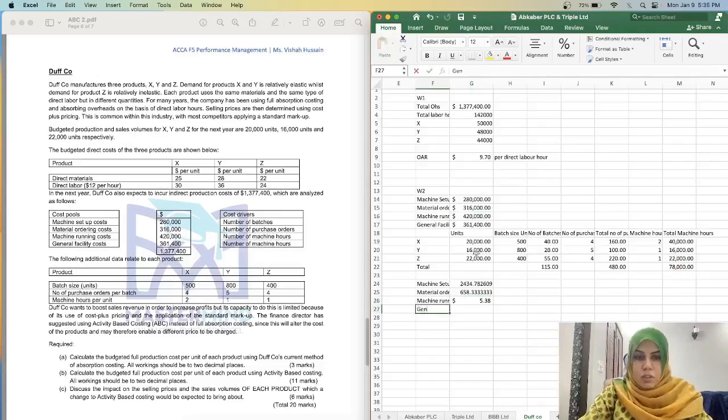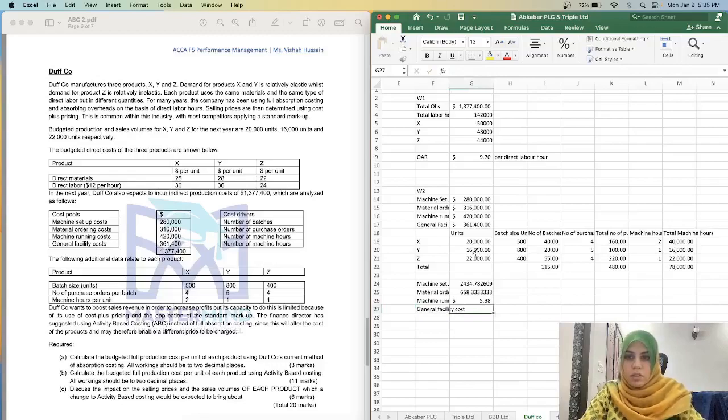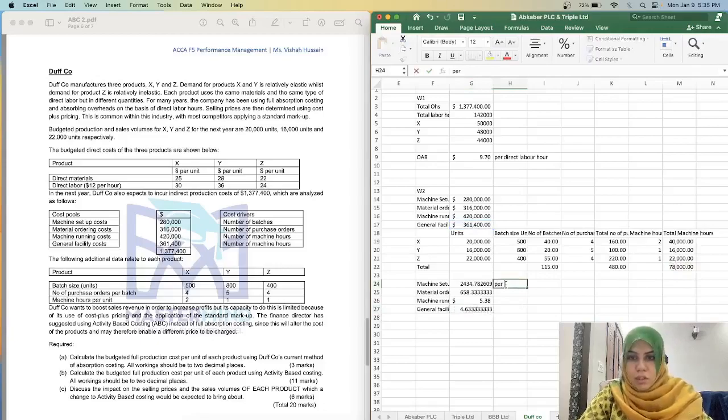Then we have general facility cost. Again, based on number of machine hours. So do not forget to mention the basis.